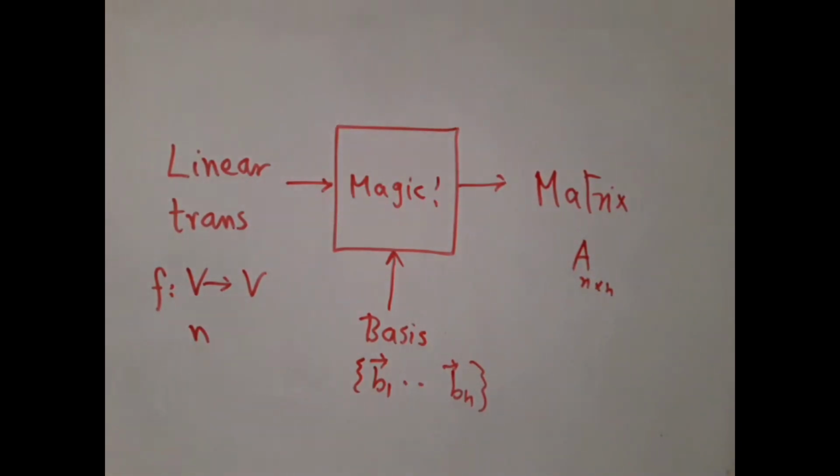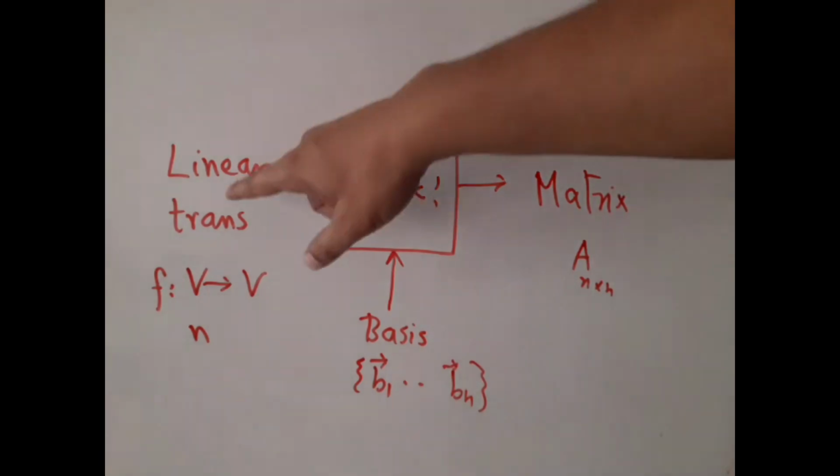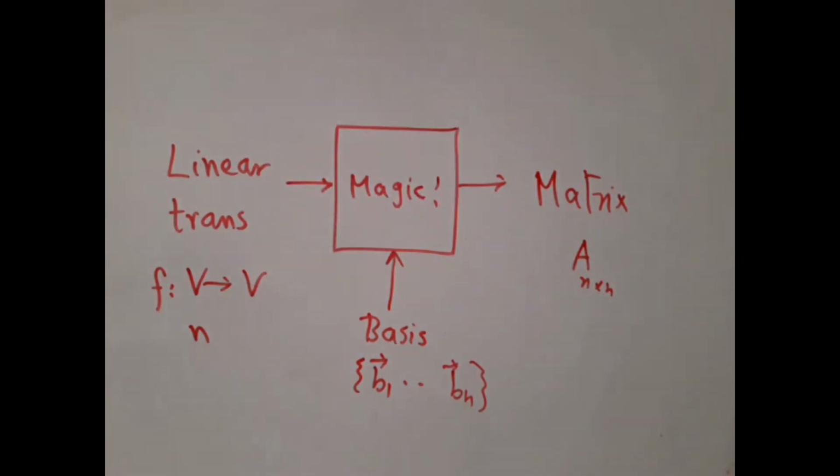Now, people tried to come up with one such complete list of properties. That is, if two matrices are the same with respect to those properties, then they must represent the same linear transformation, possibly with respect to different bases. And that search was a long one, and finally it succeeded, and this entire story of eigenvalues and eigenvectors came up during this search.